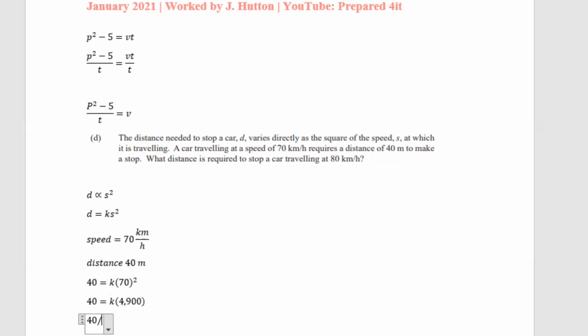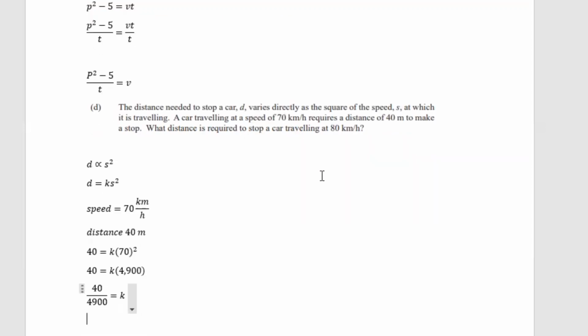So we'll have 40 divided by 4,900 is equal to k, which is our constant. When we work that out, 40 divided by 4,900, we'll get 8.163 times 10 to the negative 3 is equal to k.